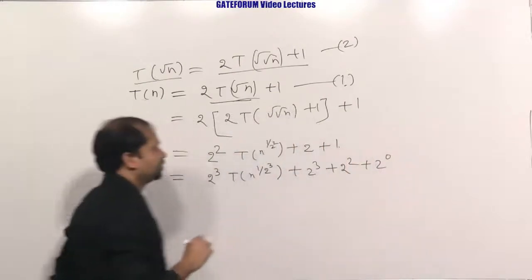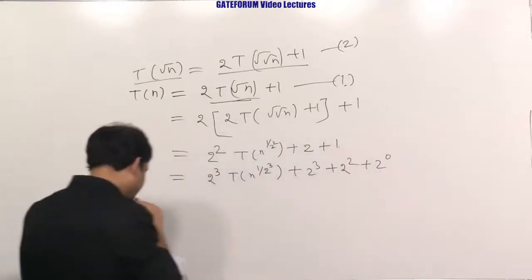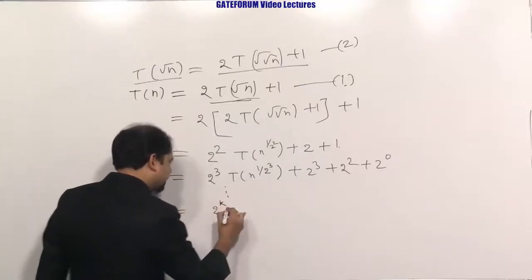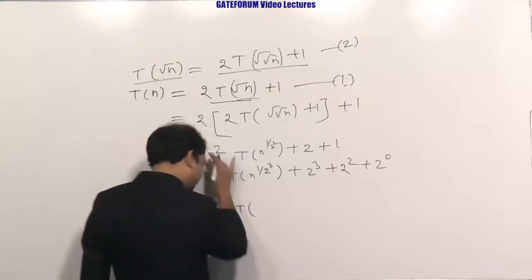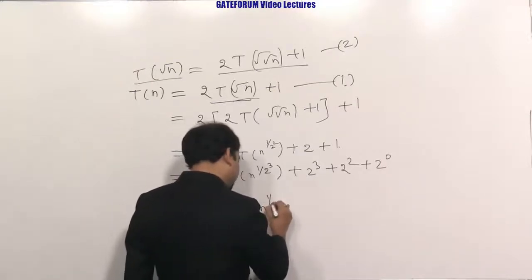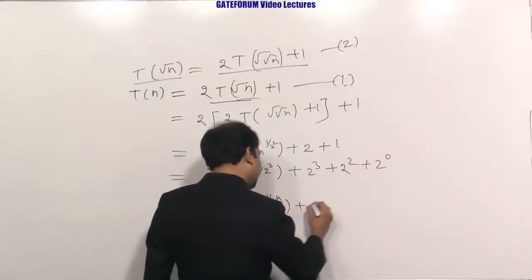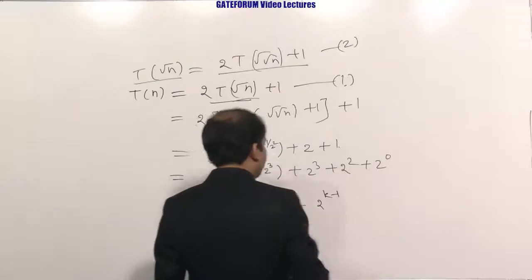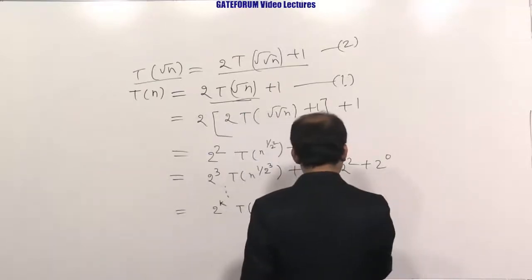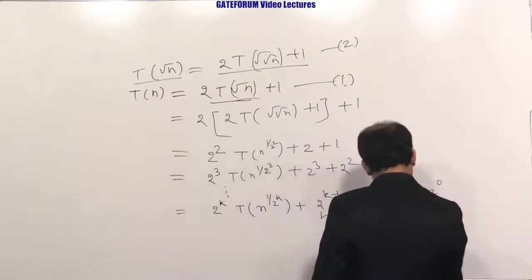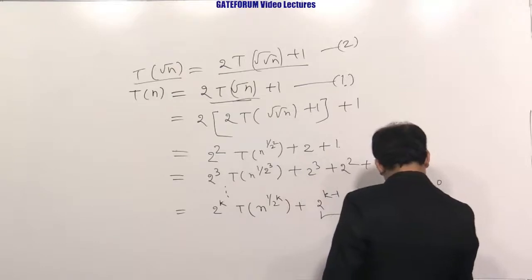Now in this way, if you go to the kth step, if the height of this tree is k, it will be n to the power 1 by 2 to the power k, plus 2 power k minus 1. If it is 3, here we have a total of 3 terms. So 2 power k minus 2 till 2 power 0. How many terms is it? It is k terms.